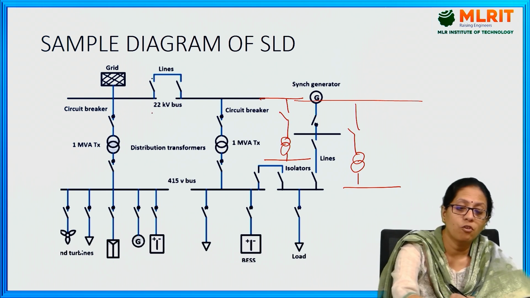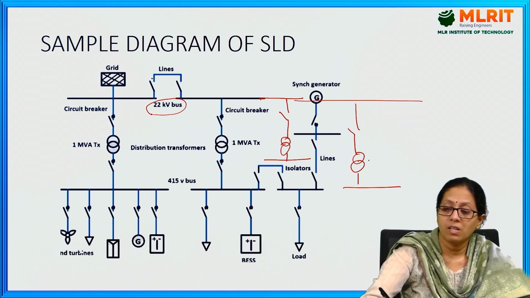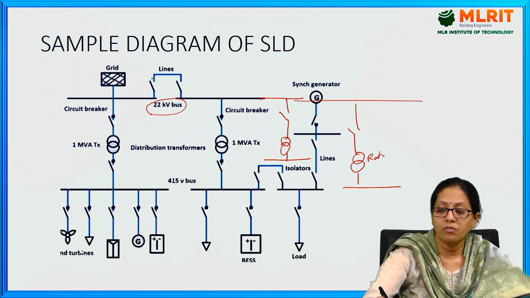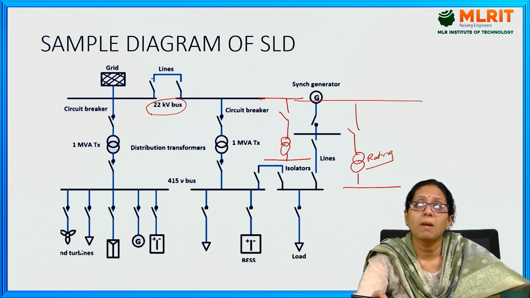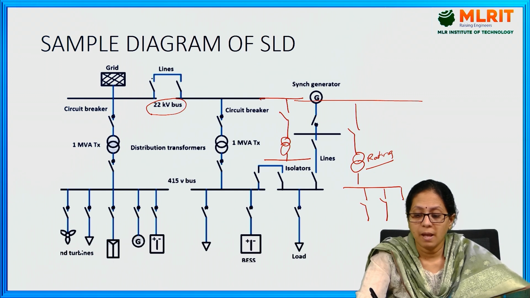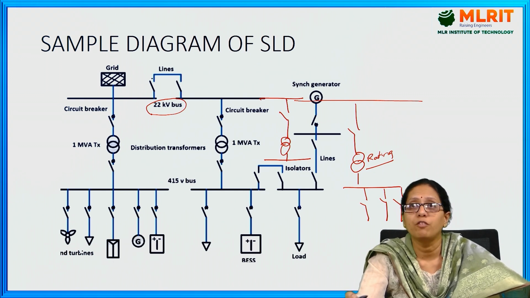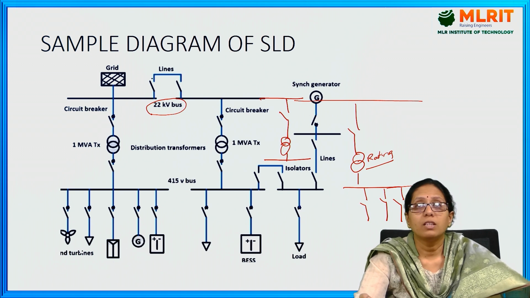The planning for this particular voltage as well as the rating of the transformer also should be planned beforehand in order to increase the number of loads in future. So, we can design all these things in a single line diagram beforehand.